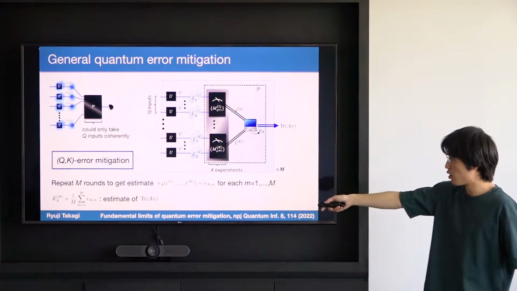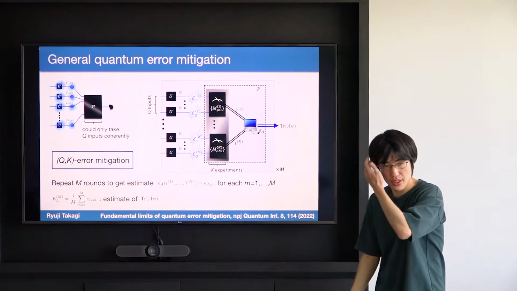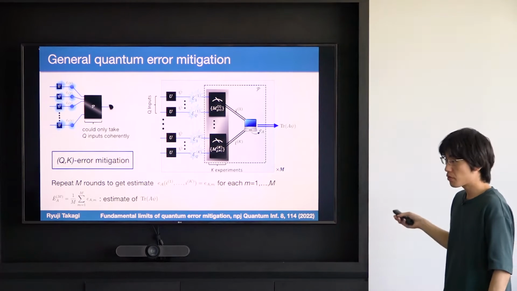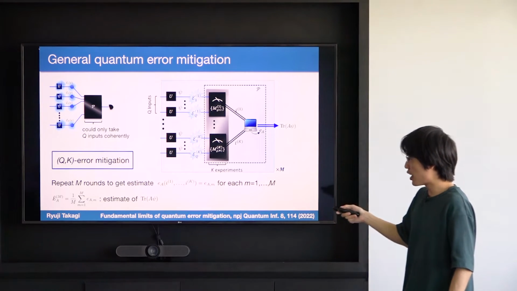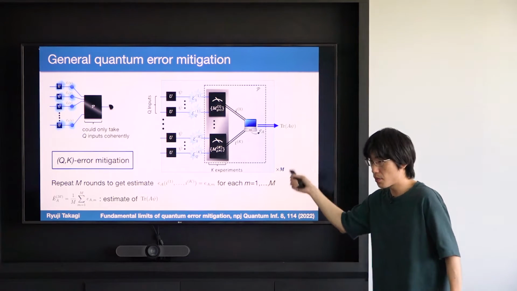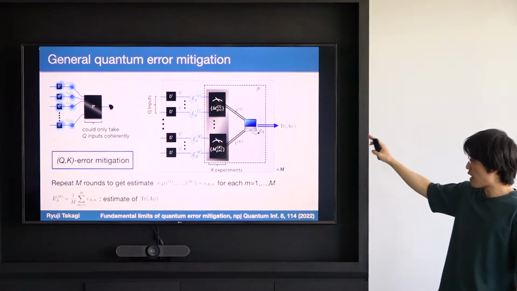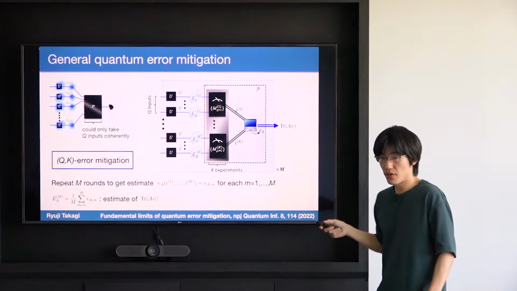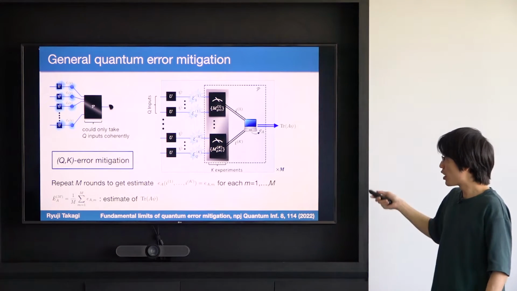Then I call this E_AM, the estimate of the expectation value. So I call it QK error mitigation, which means that Q is the number of inputs that can be coherently interacted, and K is the number of different experiments in this strategy.